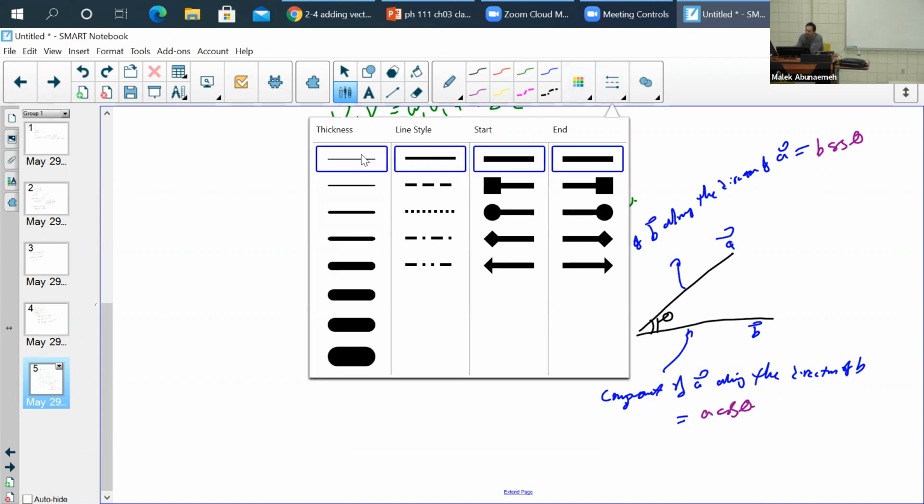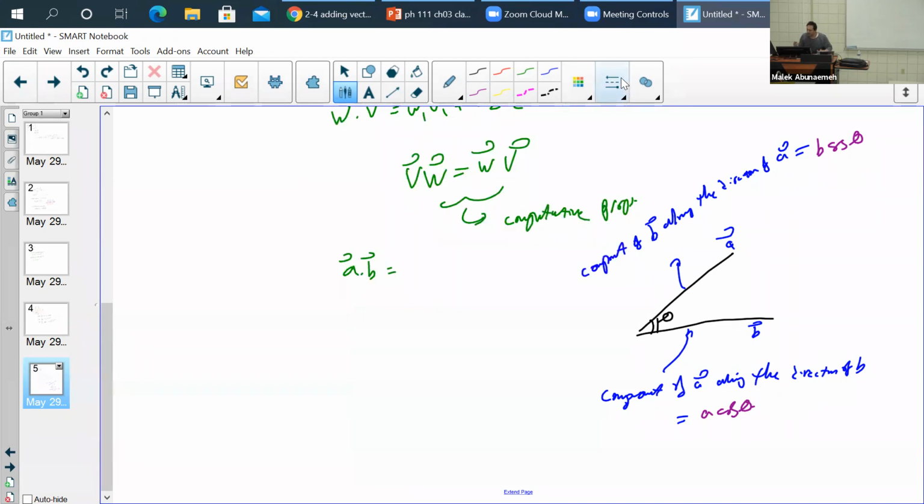Now, having these two, and again, we're not going to go through the derivation of the mathematics on it, your A dot B is going to equal your magnitude of A multiplied by your magnitude of B cosine the angle between them. Now with the dot product, the order does not matter.